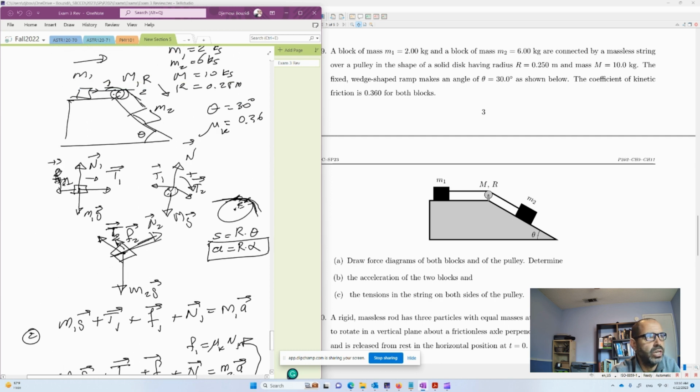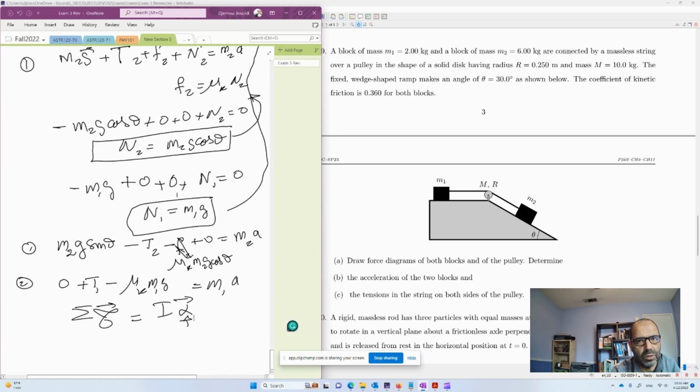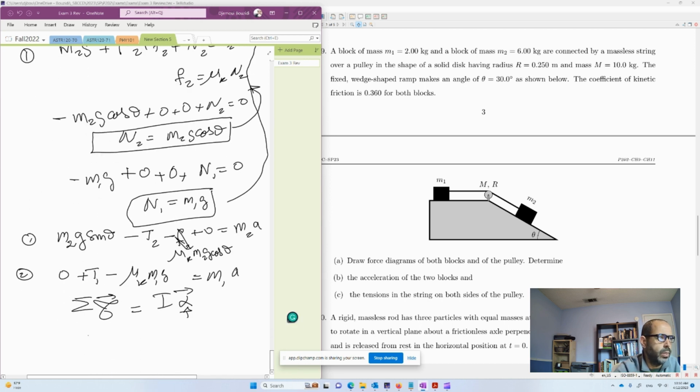And both of them are tangential, so their torques are going to be the force times the radius. So T2 times R minus T1 times R, already projected in the direction of motion, which is in this case clockwise, is going to be equal to I alpha. So we have a new equation now, the third equation, which I'm going to label as equation 3. And it has apparently the two old unknowns, but they introduce a new unknown.